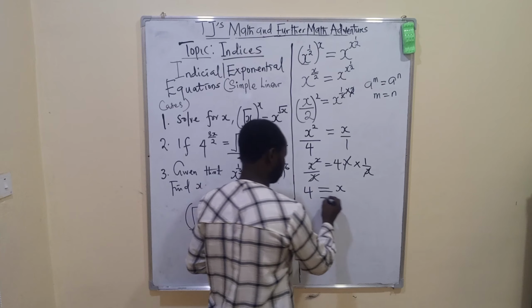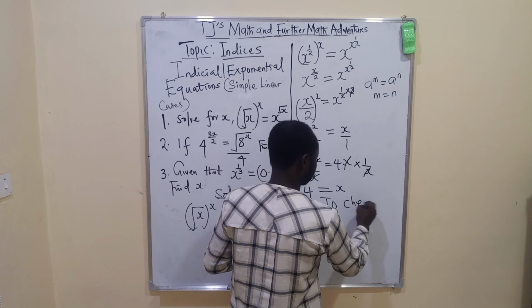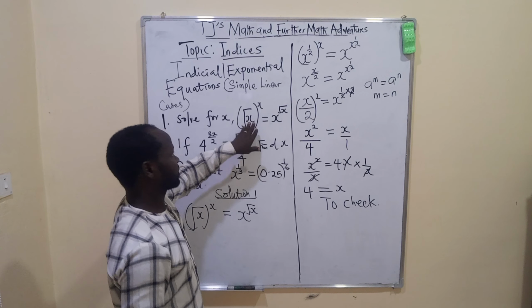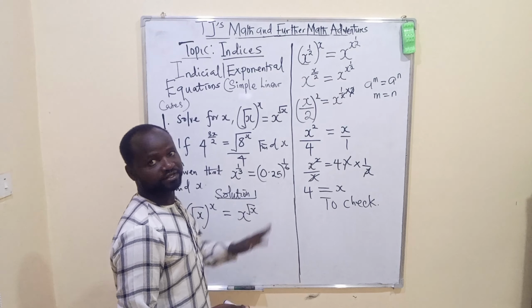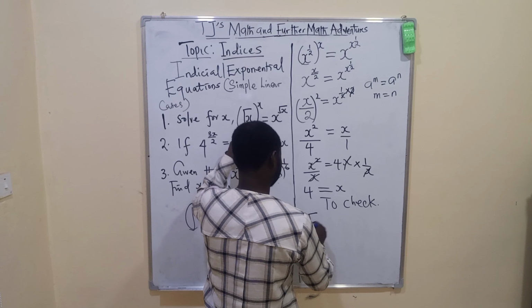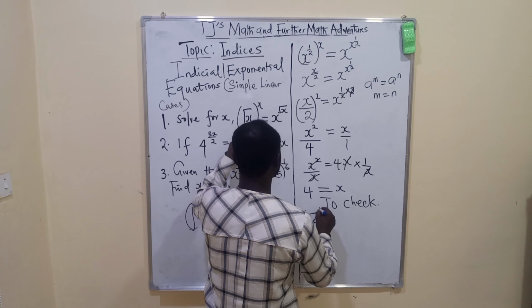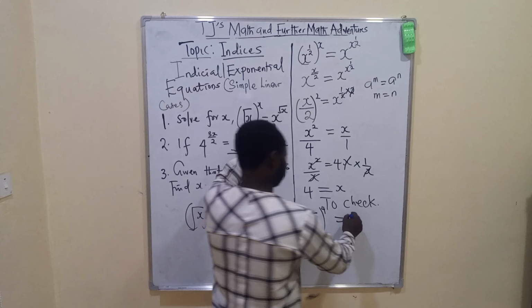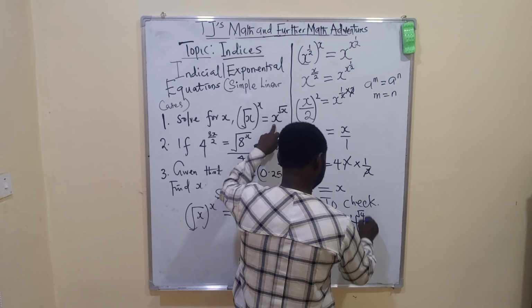Let's check. To check now, we substitute the value of x on both the left hand side and the right hand side. Anywhere we see x, we put 4. This will be 4 now, all in power 4. Is it the same thing as 4 power root 4?